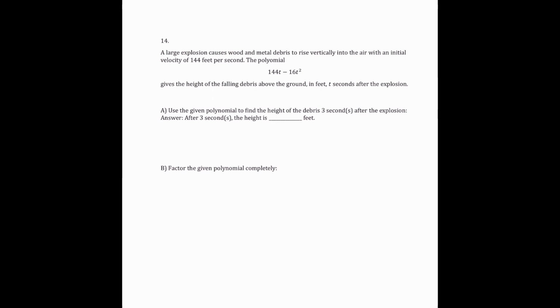Number 14. A large explosion causes wood and metal debris to rise vertically into the air with an initial velocity of 144 feet per second. The polynomial 144t minus 16t squared gives the height of the fallen debris above the ground in feet, t seconds after the explosion.